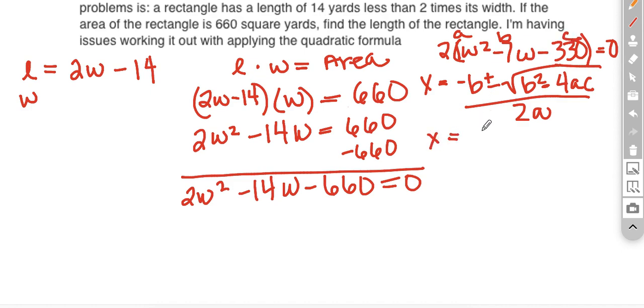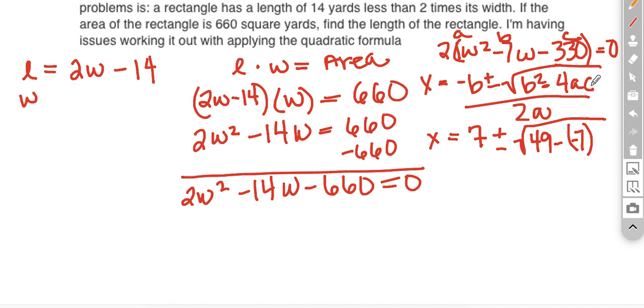So I have x equals negative b, well that's a negative 7, so that's going to be positive 7 plus or minus, and then b squared is negative 7 times negative 7, so I'm just going to put 49 in there. Negative times a negative is a positive, minus, and then we have 4 times a, which is 1, because the number in front of w squared is just 1.